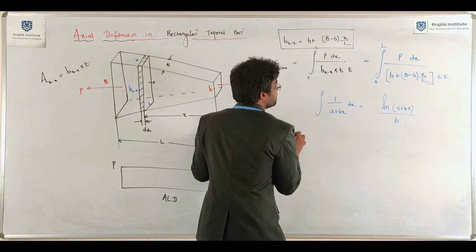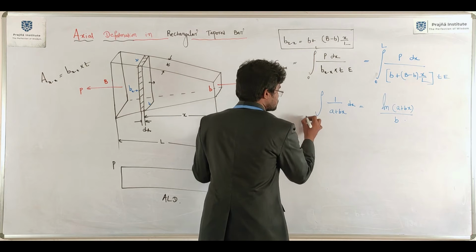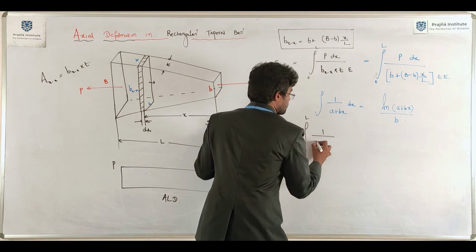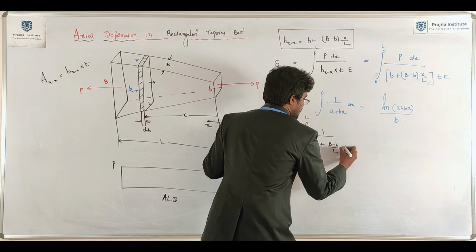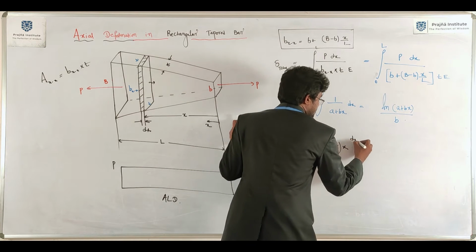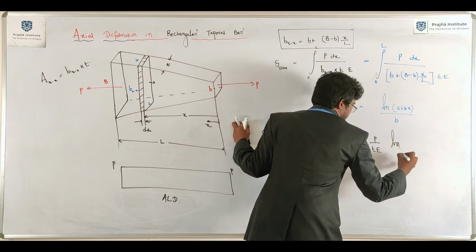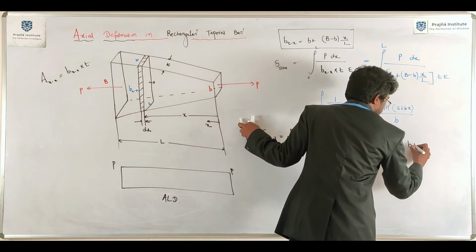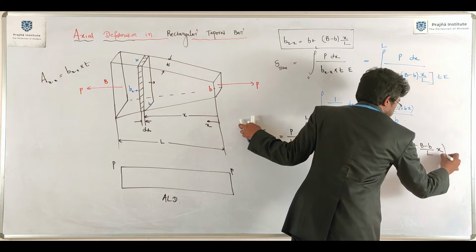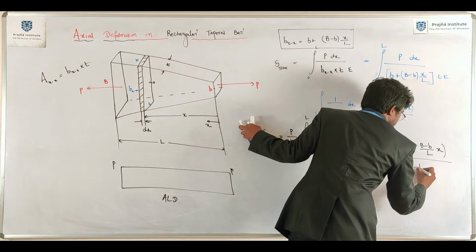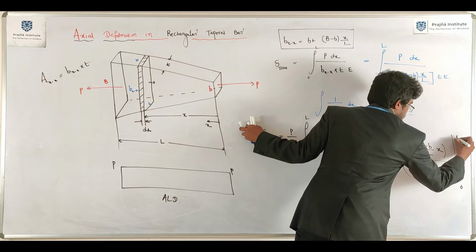P by t, integral of 0 to L of 1 by (b plus (B minus b) by L into x) dx, equals P by t ln(b plus (B minus b) by L into x) by ((B minus b) by L), from 0 to L.